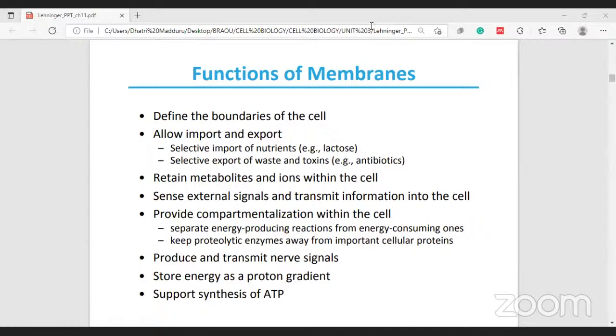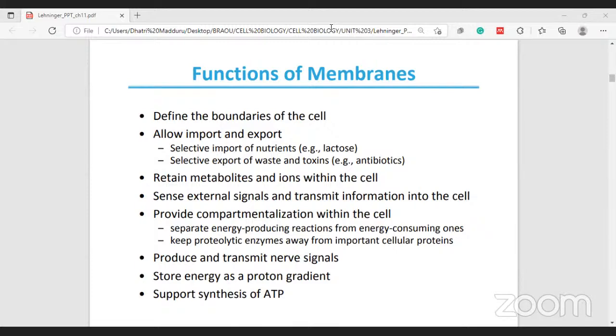In the same way, there can be death signals also. If something goes wrong in the cell metabolism, or that cell has become cancerous and has to die, then immediately it will get a death signal. Like that, there will be signals, and if there is any signal for division of the cell, those signals are received and that information is transmitted into the cell. And then they provide compartmentalization within the cell.